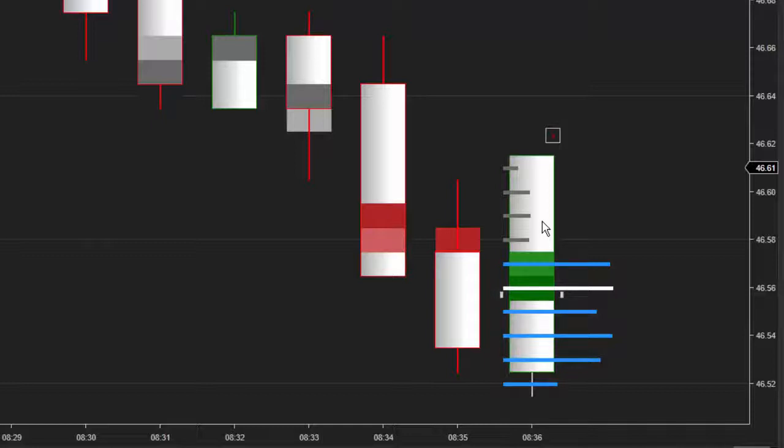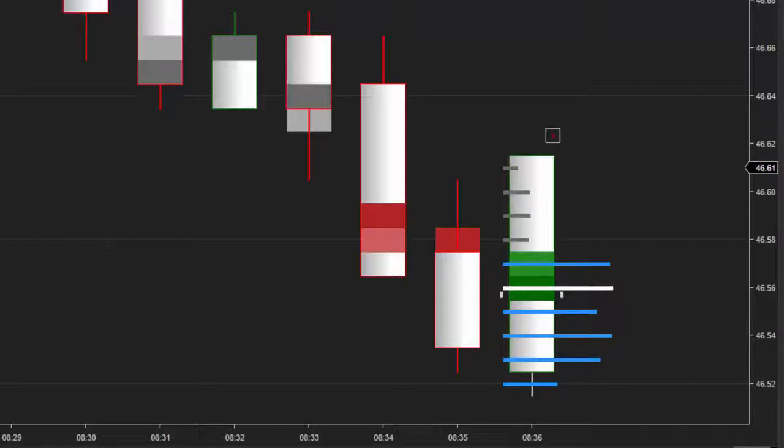We can also see that there was a large concentration of volume, shown by the value area, from the low at 46.52 all the way up to 46.57. And within that value area, 46.56 was the POC, or single price where the most volume traded, the fair price.